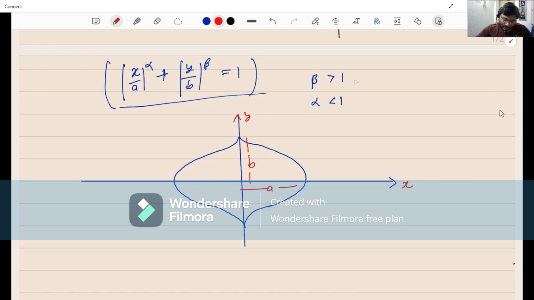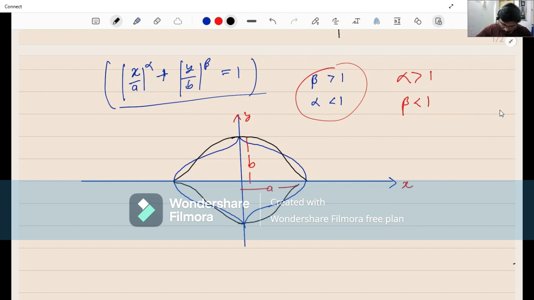And if you change this, making alpha greater than 1 and beta less than 1, then it will become like this. So this is the first combination and this is the second combination.